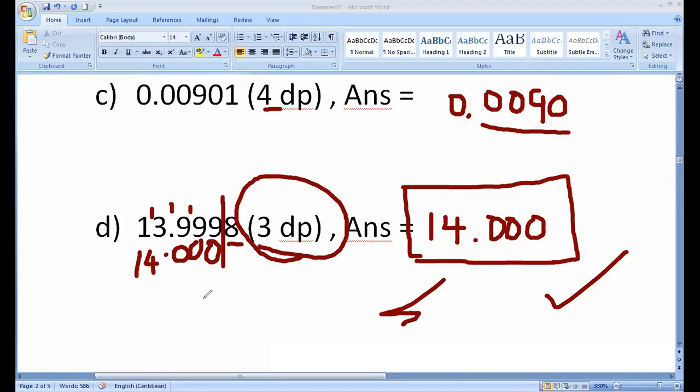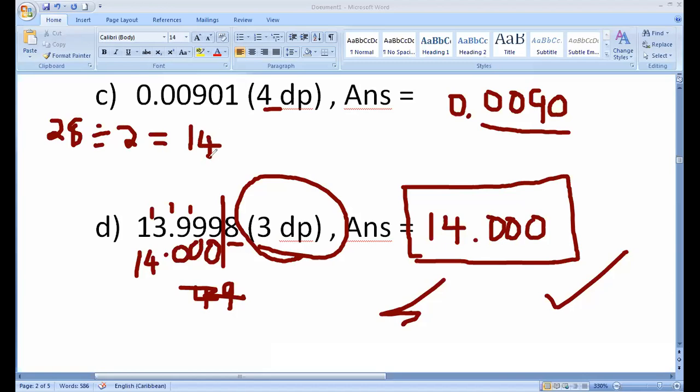Suppose I said 28 divided by 2. What is 28 divided by 2? 14.